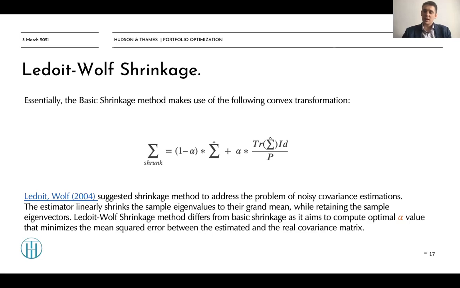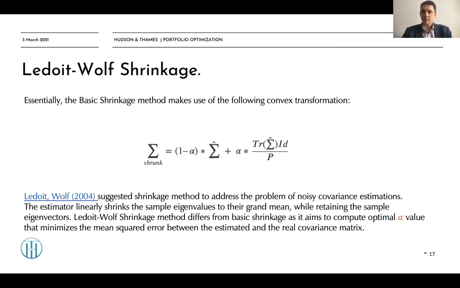The first and quite well-known technique is the so-called shrinkage. Essentially, the basic shrinkage method makes use of the following convex transformation. Shrinkage is just the transformation of our covariance matrix so that we still preserve the information but reduce the amount of noise present in the covariance matrix.